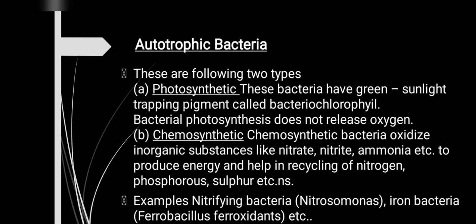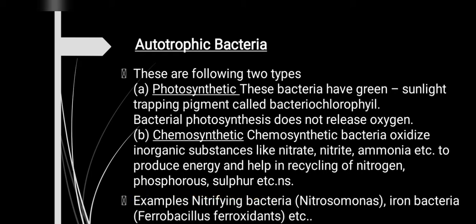And chemosynthetic bacteria bring about oxidation of inorganic substances like nitrate, nitrite, ammonia, and produce energy. This energy is utilized for synthesis of ATP. These bacteria help in recycling of nitrogen, phosphorus, sulfur. Is it clear?